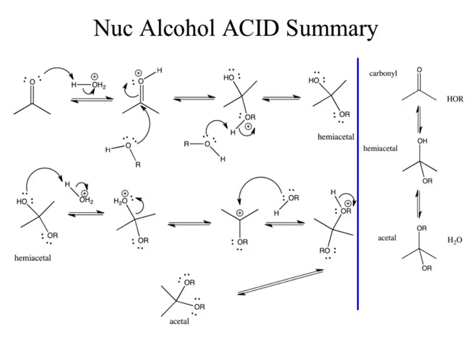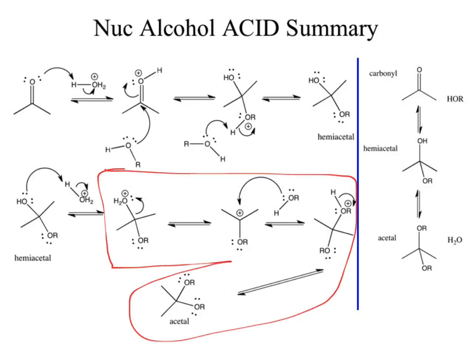The big difference for us is that last sequence. Why is that last sequence okay under these conditions, under acidic conditions, but then bad under basic? Well, in basic, what was our leaving group? Hydroxide. Was that good? No. What did this mechanism fix about that? It made it water, and water is a great leaving group. So the leaving group is better.